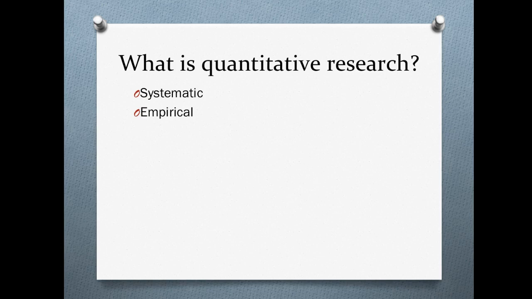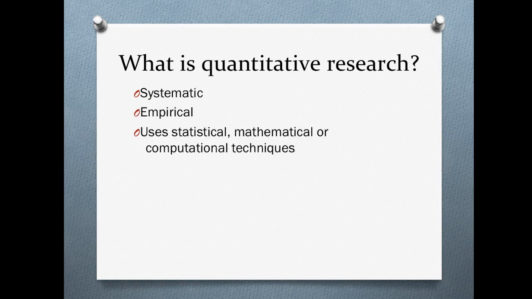So we're not talking about meaning, we're not talking about understanding, we're not talking about internal processes, only as they can be demonstrated through observable phenomena. So it's empirical in that sense, and it can be quantified. So those are the criteria for quantitative research.